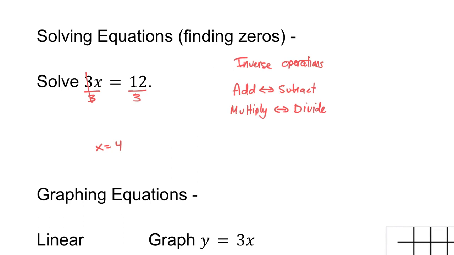And x is now equal to whatever 12 divided by 3 is, which is 4. So that's another way of showing that part. And again, this is just really a preview. We're going to go into much more depth. So x is equal to 4. We'll go into much more depth in a later lesson.